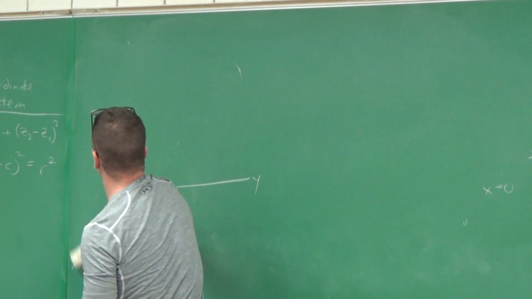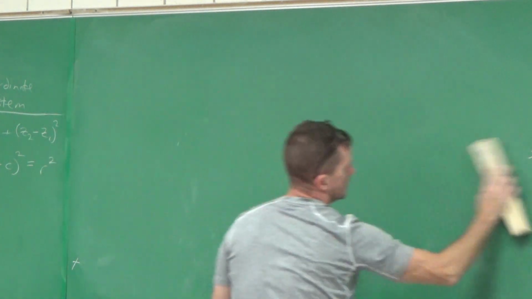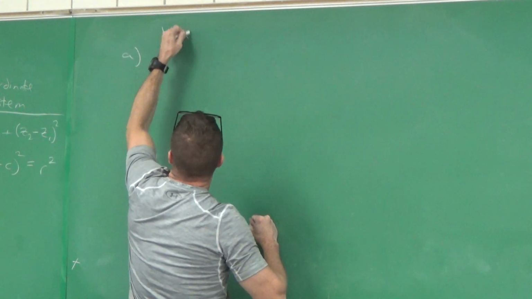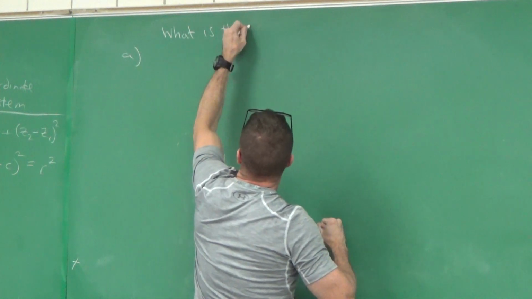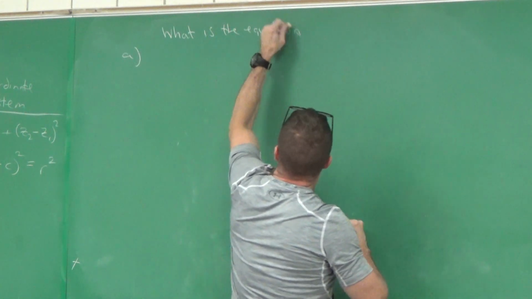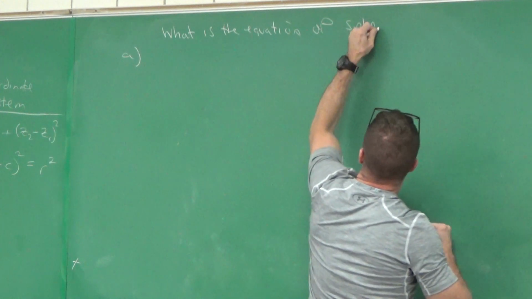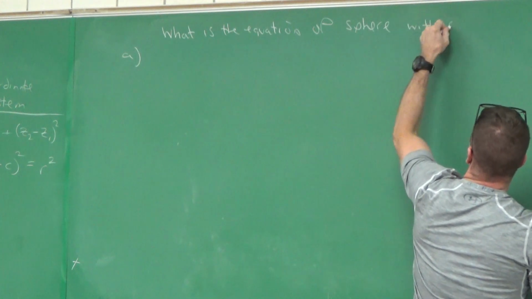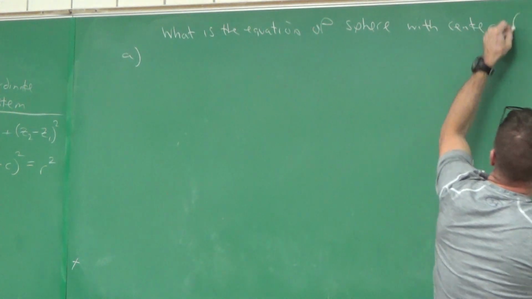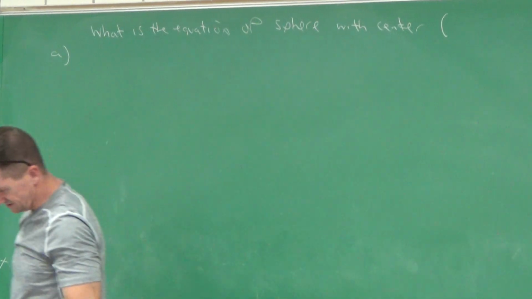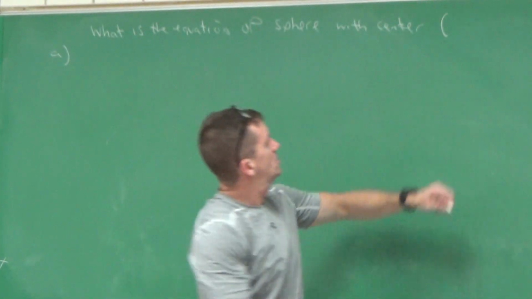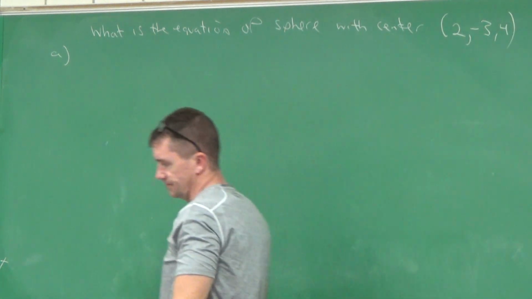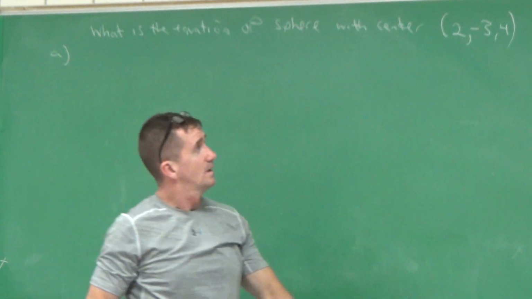All right, so let's talk about that sphere. Let's do a part A, part B. What is the equation of a sphere? I'm going to give you the center: 2, -3, 4, and the radius is 5.